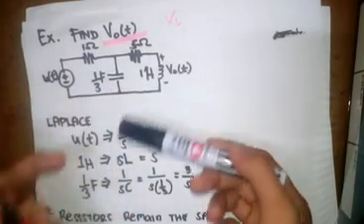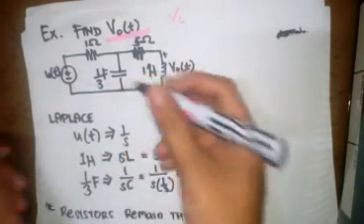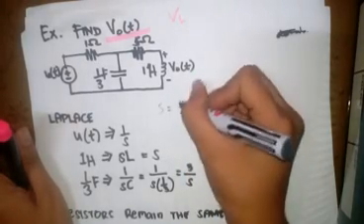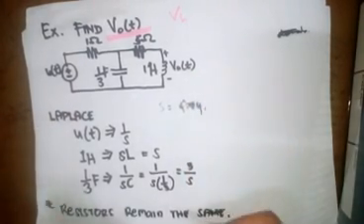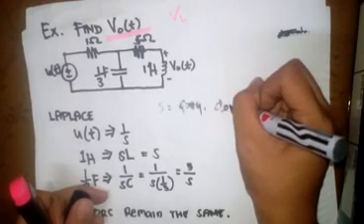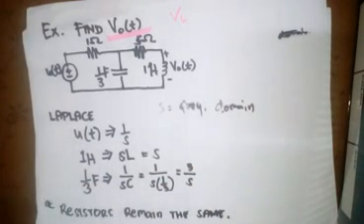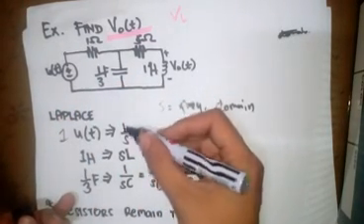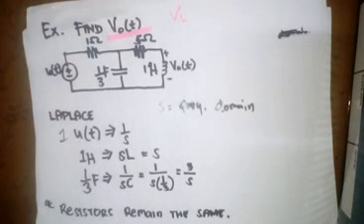the circuit elements into the Laplace domain, or the frequency domain. S is the frequency domain. The Laplace transform of u of t is just 1/s.